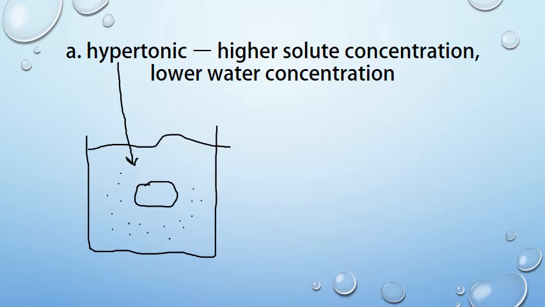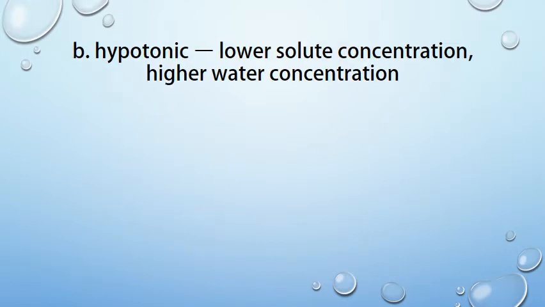So here are all the salt particles within my beaker. Inside the cell, there is a lower concentration of salt particles. So inside the cell would be hypotonic, and outside of here, it would be hypertonic. You always want to compare, so obviously if the solution's hyper, then the cell must be hypo.